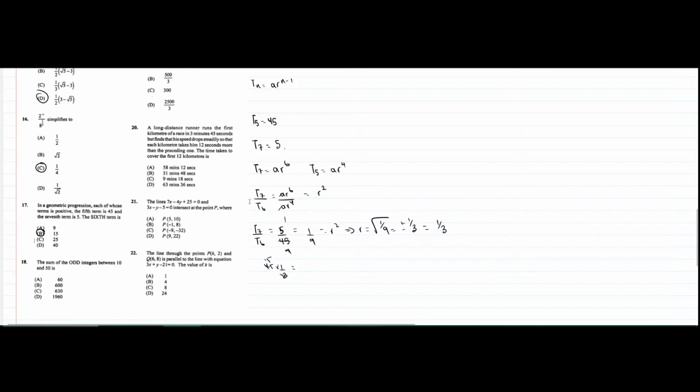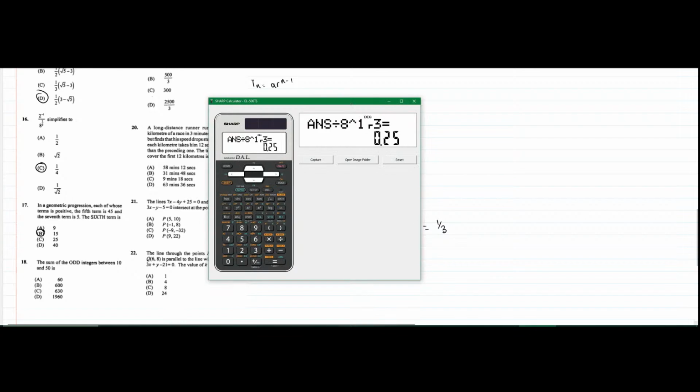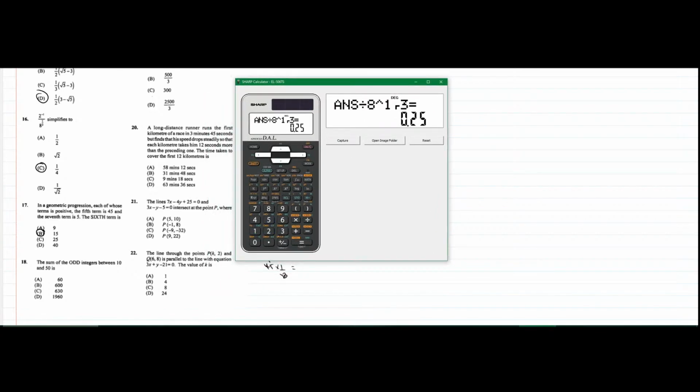The sum of the odd integers between 10 and 50 is, now, if you want, we can dissect the question, or we can just make life real easy and just add all the odd integers between 10 and 50. I'm not going to bother to do a big set of working, because I can do this on my calculator.